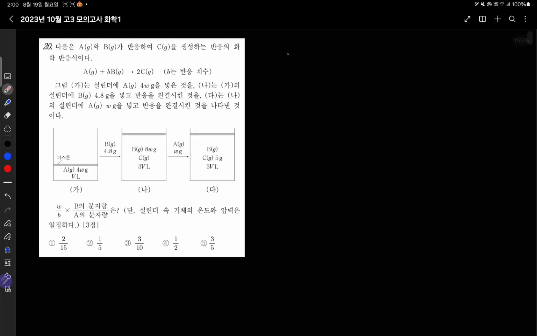So let's say A is made of 2 atoms of P, and gas B is made of 2 atoms of Q. In such case, C will be made of 1 atom P and b atoms of Q.